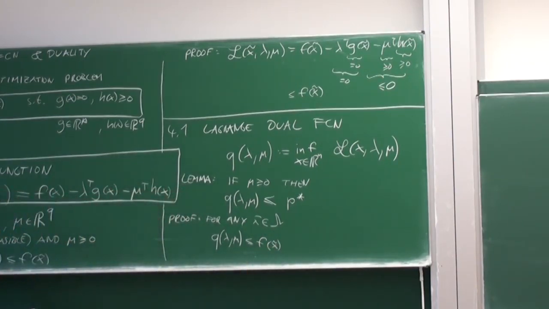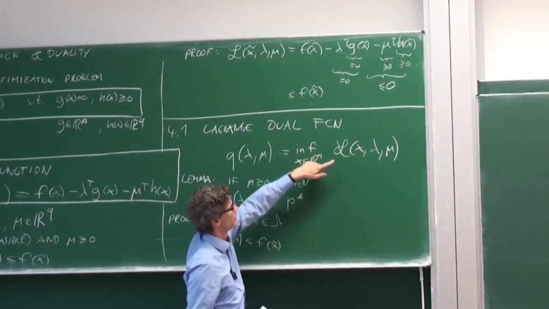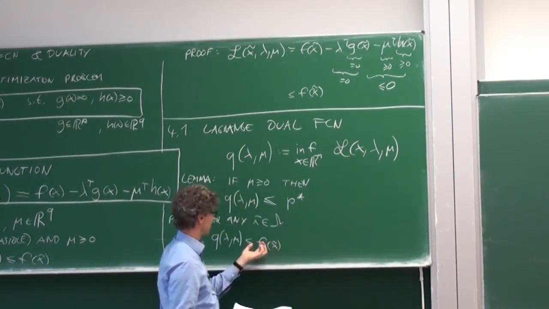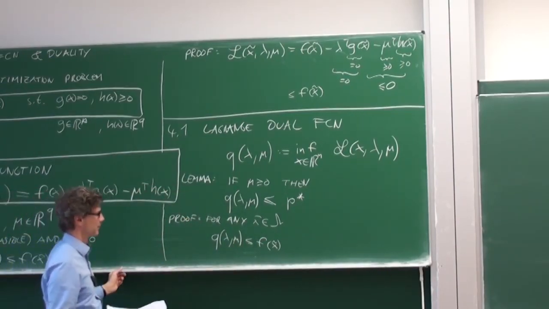Because the Lagrangian function is smaller at that point, and then you minimize further, it can only become better than the Lagrangian function at the specific point, so it must be smaller than f of x tilde. It's just this inequality a bit further.